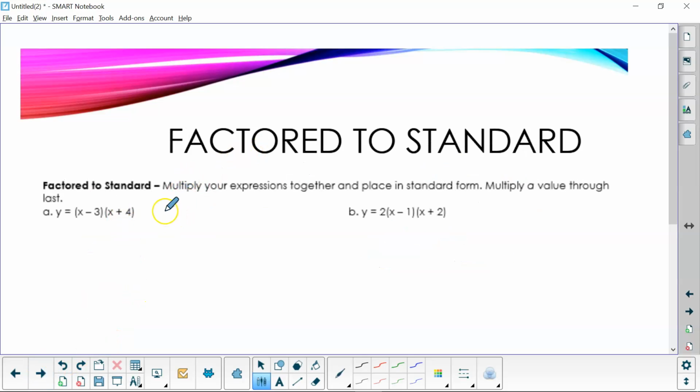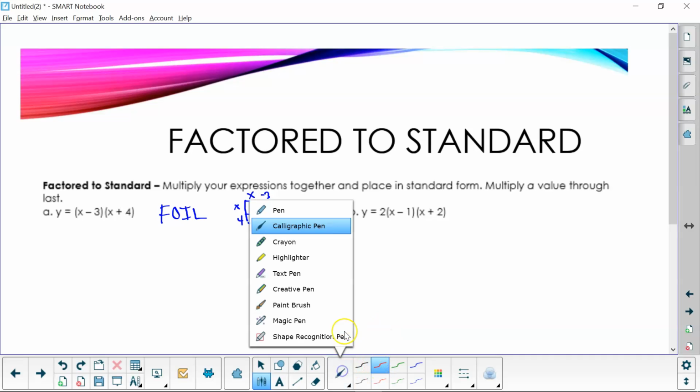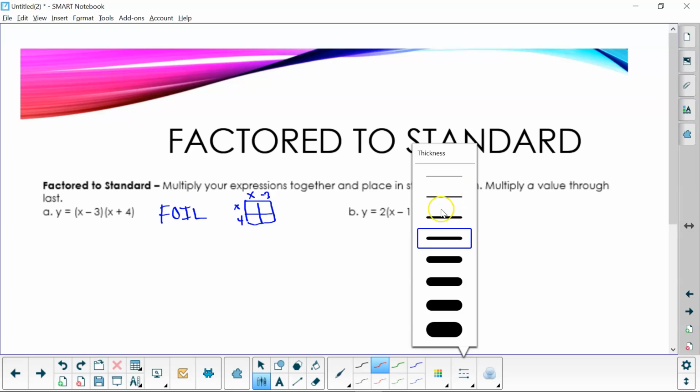Factored to standard form. When I do this, I want to either FOIL, or remember we used to also do a box method where we'd put these on top and this guy on bottom, and we'd multiply these together, combine the middle terms. At this point you should probably go toward FOIL, because really that's just distributing everything from the first set into the second one.